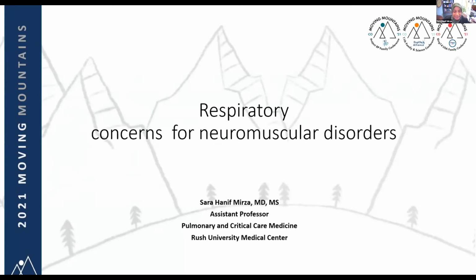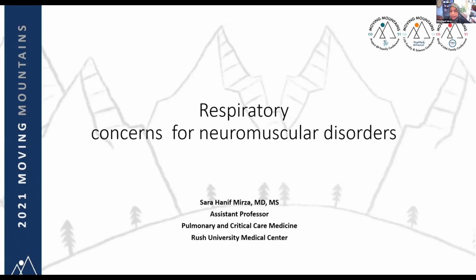Okay, excellent. Thank you so much for having me participate in this very interesting and fascinating collaboration and cooperation between the three different disease processes that we're discussing today. I work not specifically with any one kind of neuromuscular respiratory weakness.